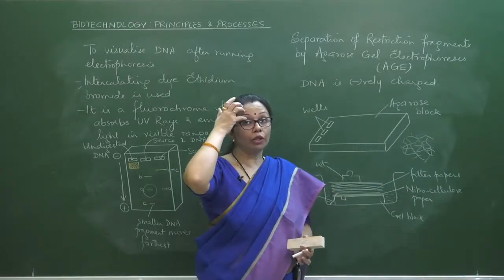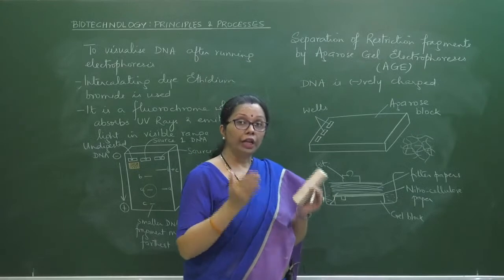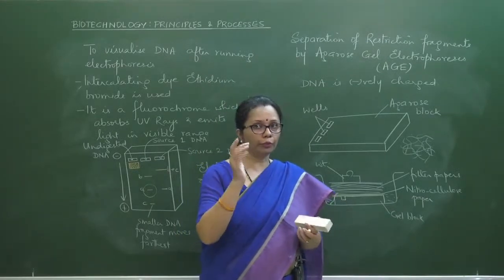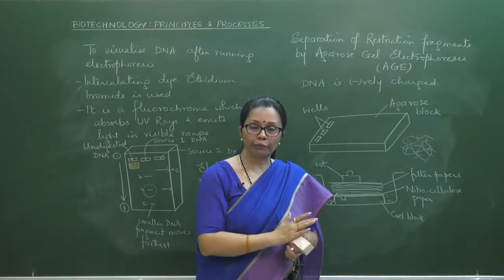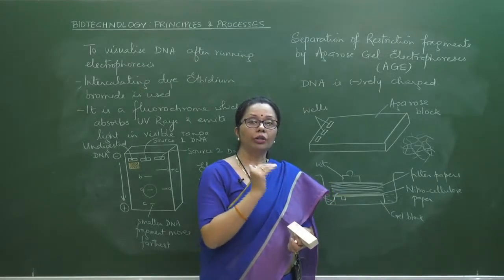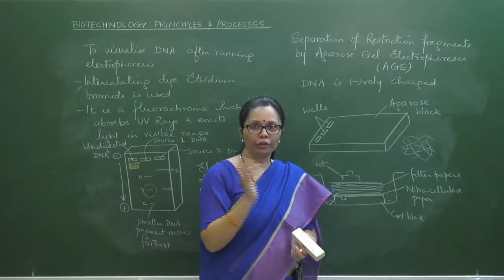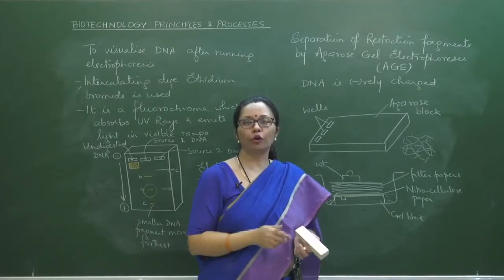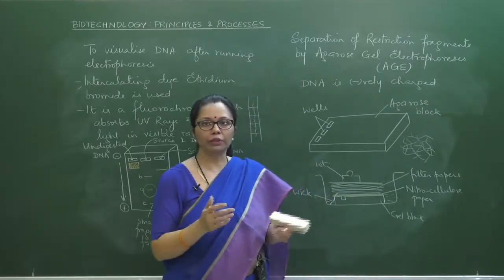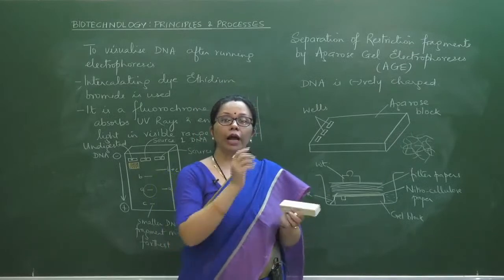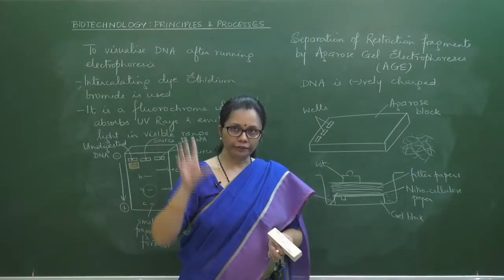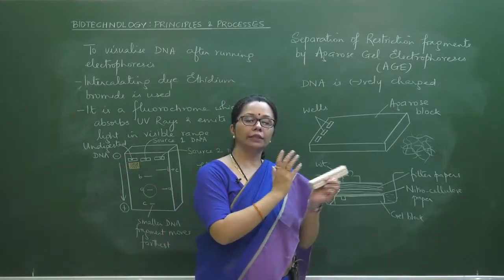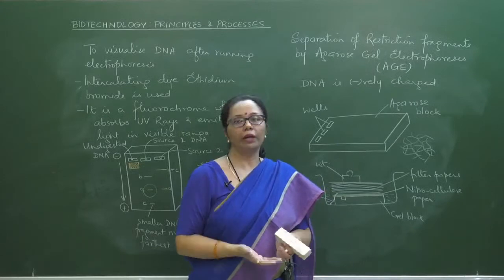Now once it has come on the nitrocellulose paper, we can look for the DNA that we want. So for that, suppose we want, let us take the example of insulin only. Now in that case, although for eukaryotic it won't work, because eukaryotic DNA is with introns in between, let us take some other example, some bacterial DNA, let us say. Now that bacterial protein has been coded, and as a result we know the sequence, so we will make a complementary sequence.